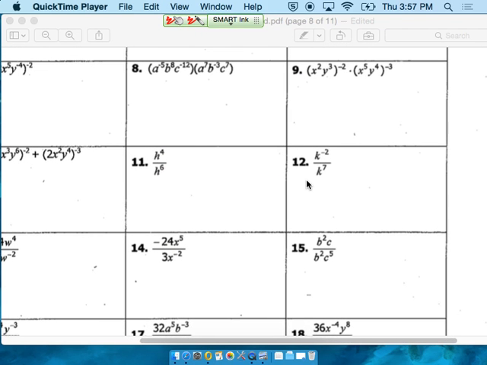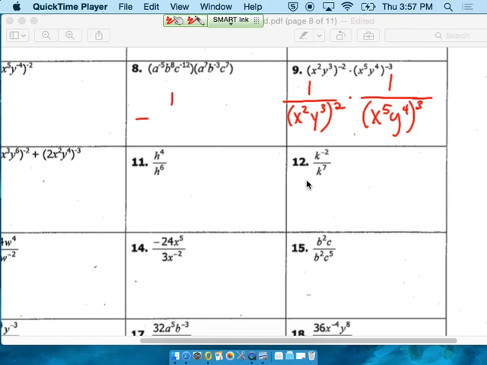Now let's look at number 9. So something with number 9, I probably would rewrite this first, and I could do this. And then I would do the same thing here to the positive 3, making that a positive 3. And then you could apply the exponents here.